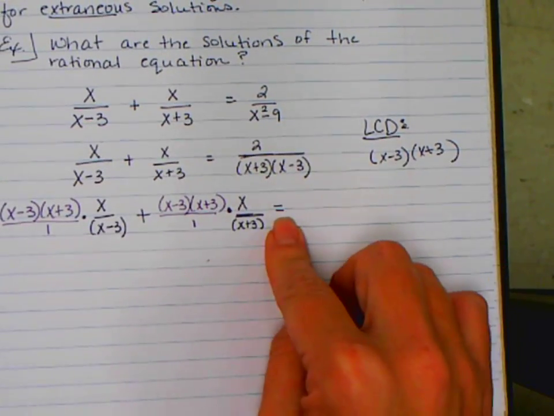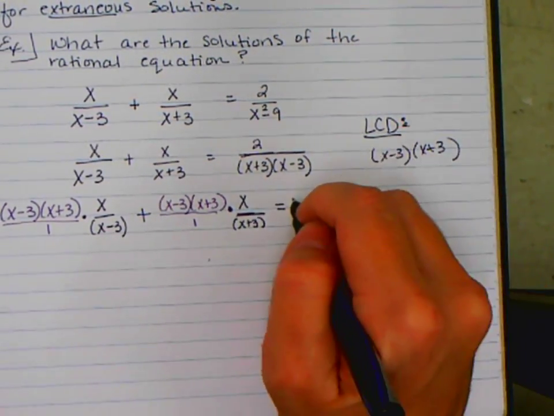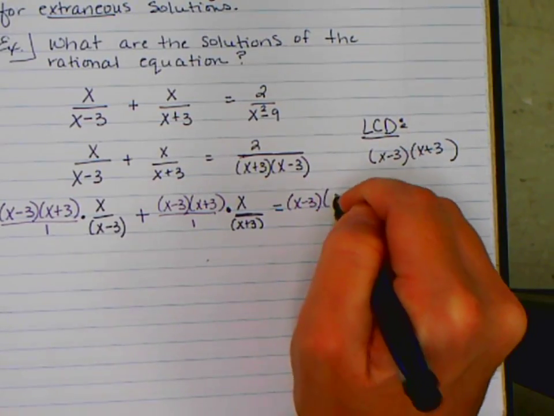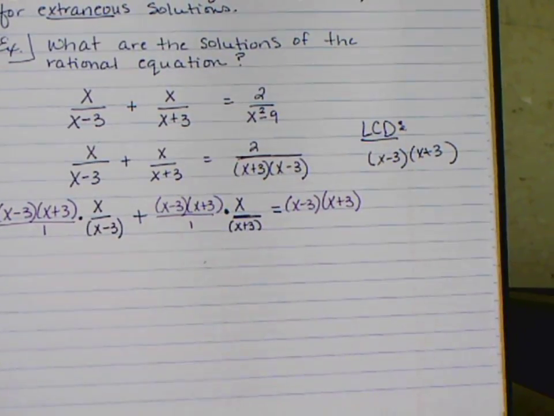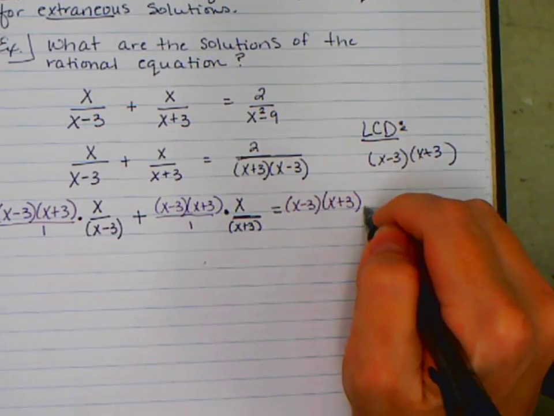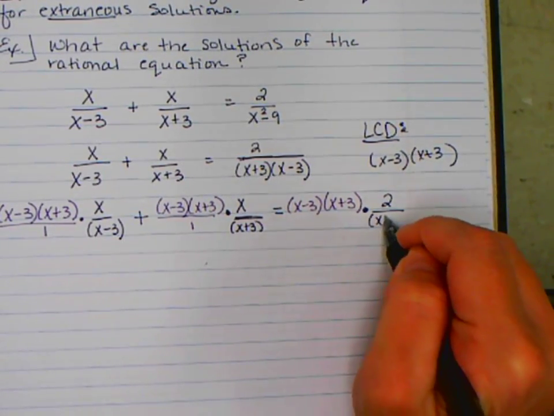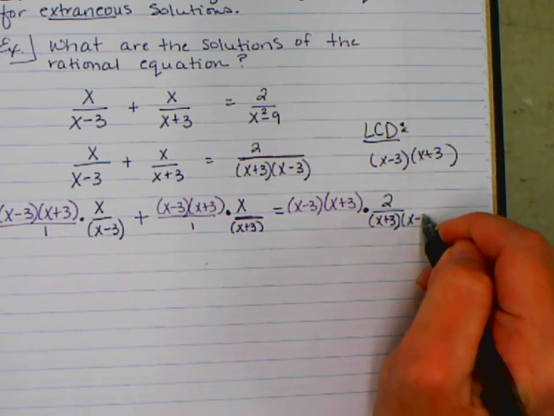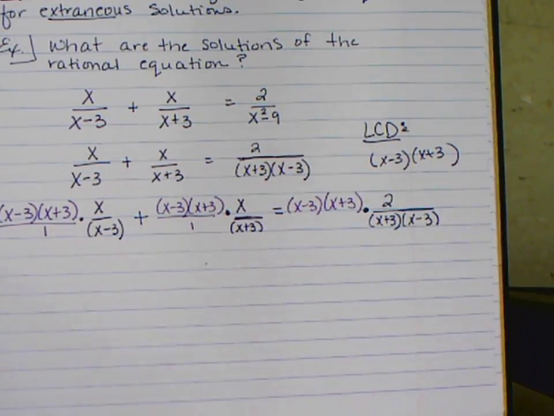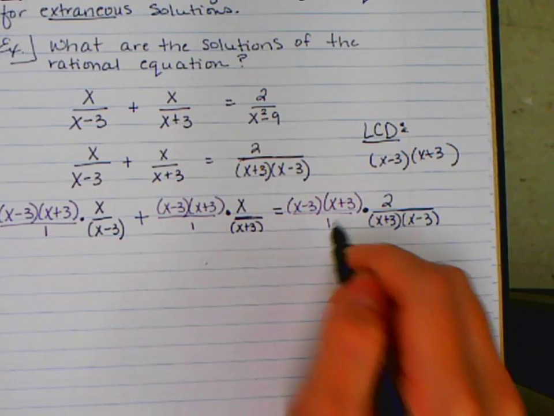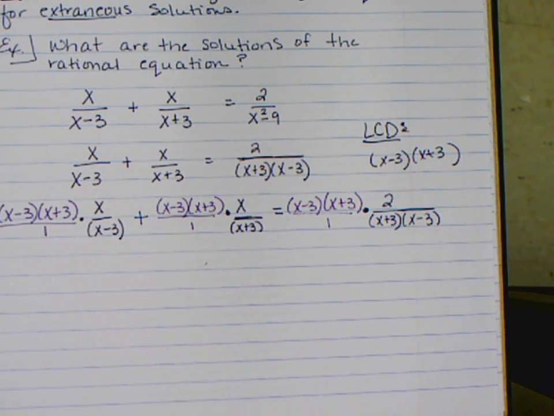And then I will equals, I multiply my last fraction by x minus 3 times x plus 3. Now remember when I taught y'all how to multiply these rational expressions, how we can reduce out factors that are identical, right?